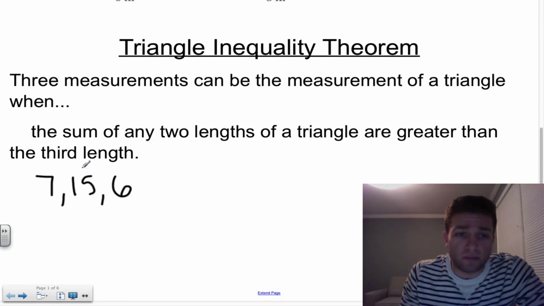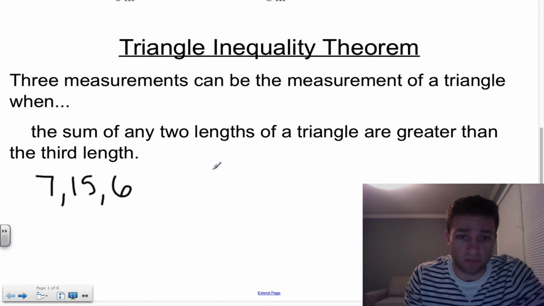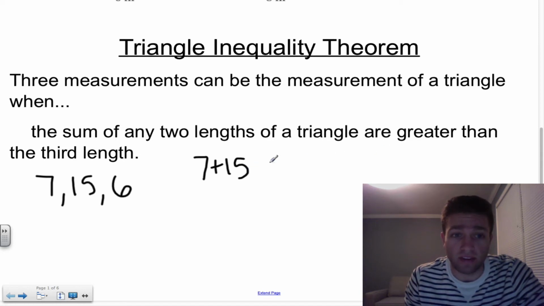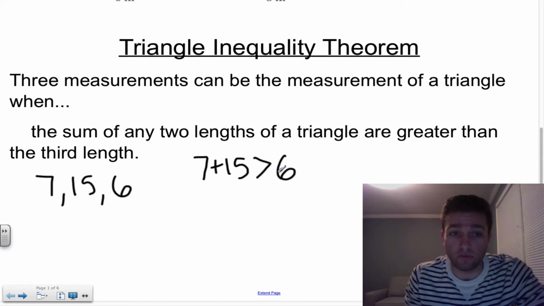If these three measurements are going to be the measurements of a triangle, then if I take any two of the measurements, so for instance 7 and 15, and find the sum of them, so I add them up, 7 plus 15, they need to be greater than the third length. So this statement, 7 plus 15 is greater than 6, needs to be true for all three of the combinations.